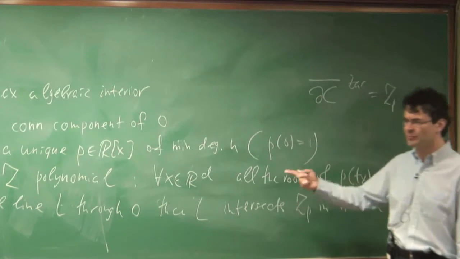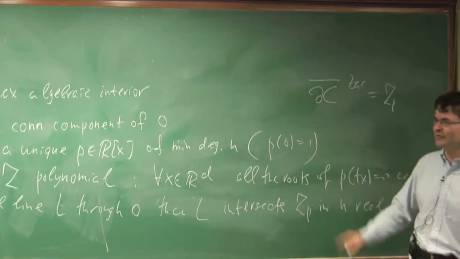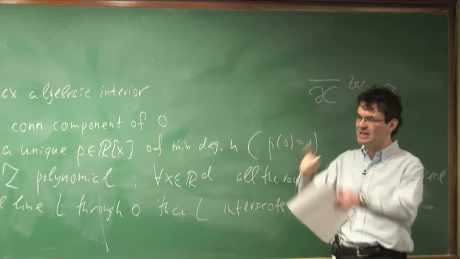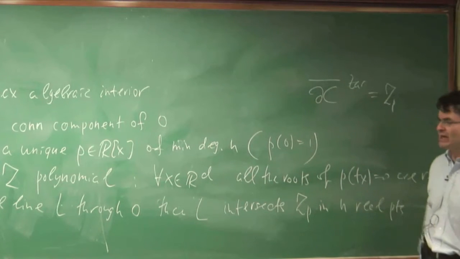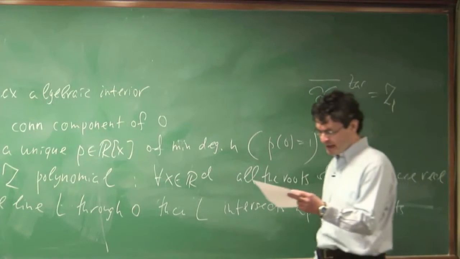Of course, there will be some exceptional directions where some of the intersections degenerate, it will be tangent, or some of them will run off to infinity, but for a generic straight line, you'll have exactly n intersections.